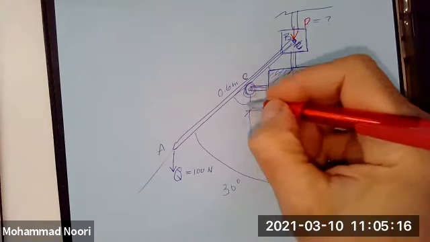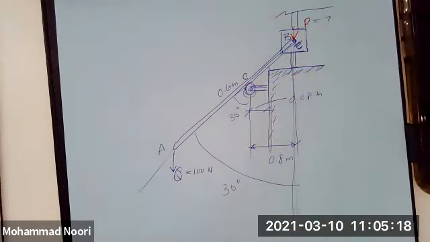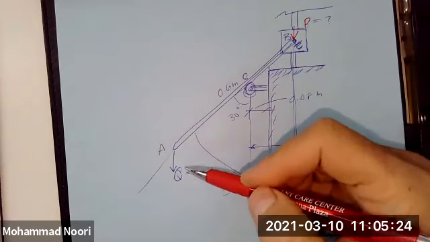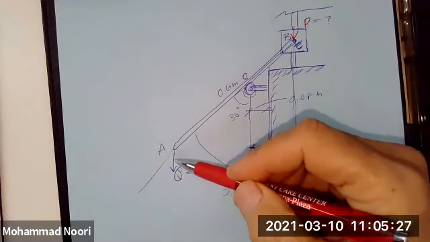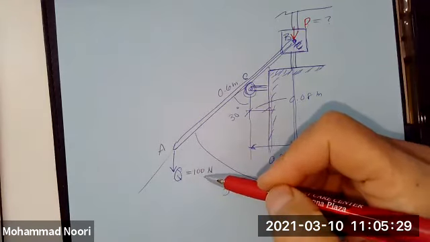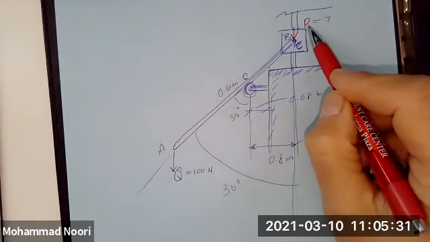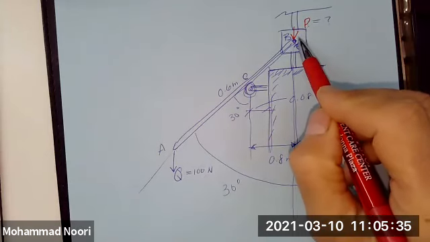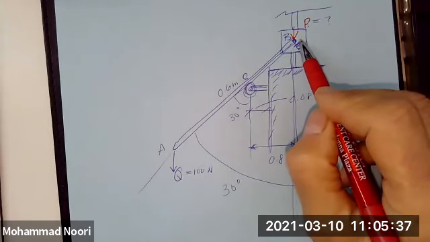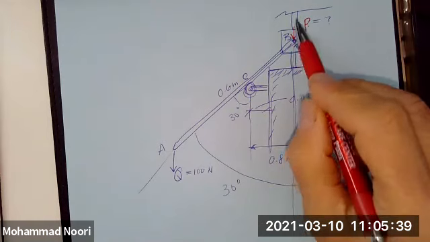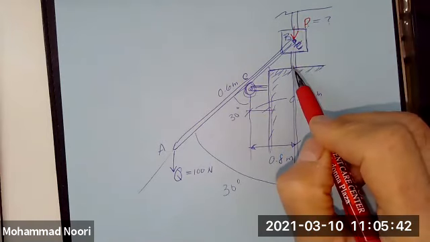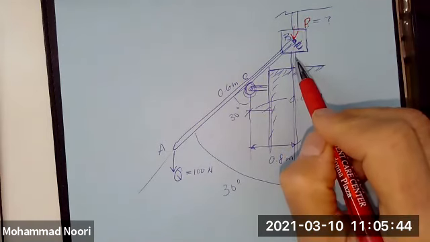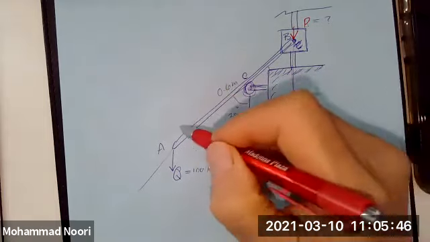In other words, this is also 30 degrees, okay? This is the problem statement. You want to know if you apply a load of 100 Newton, how much force is required to be applied to the cylinder so that the cylinder does not move up or down, okay? Stays in place. That's it.